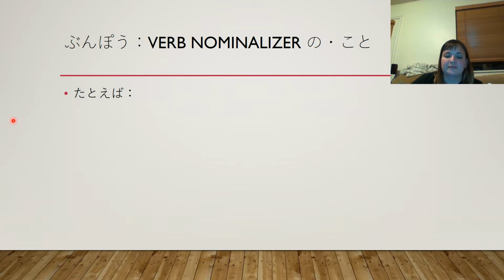例えば、母は歌を歌うのが好きです。So my mom likes to sing songs. The act of singing songs is what she likes. That's essentially what we're saying: the act of singing songs is the thing she likes.